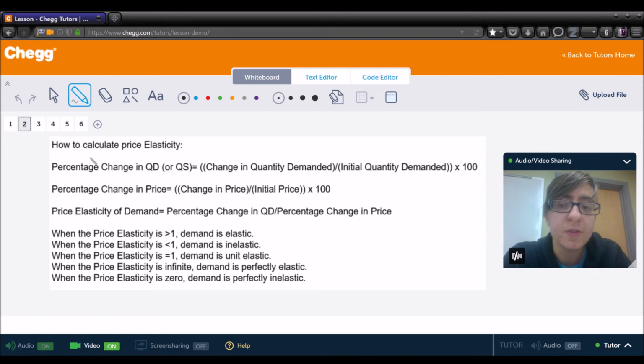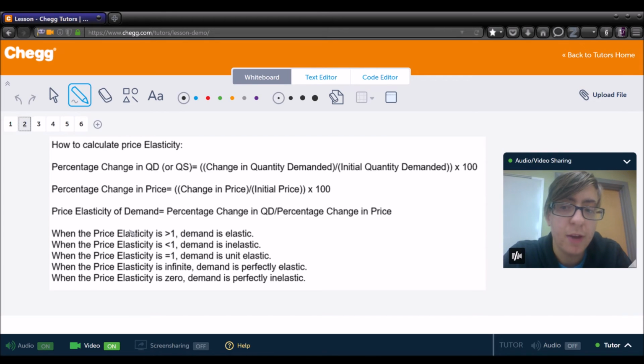The first thing to calculate price elasticity is you either have to calculate the percentage change in quantity demanded or quantity supplied, and then the percentage change in price. To calculate the percentage change in quantity demanded or quantity supplied, you have to have your change in quantity demanded over the initial quantity demanded, and then multiply that whole fraction by 100.